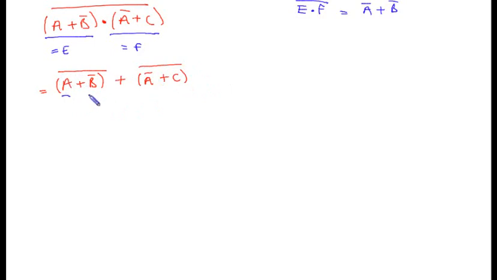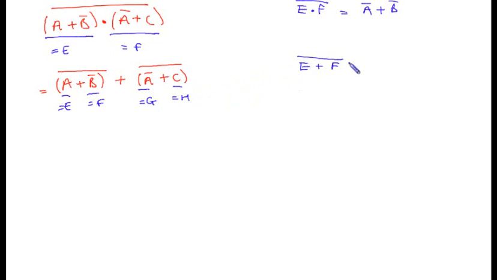So here our A and our B are going to equal, let's call them E and F again just for consistency, and here equal to, let's say, G, and here equal to H. So if we go up here and apply De Morgan's theorem, this time we've got E or F, all inverted.